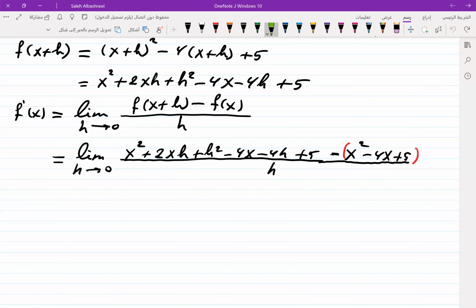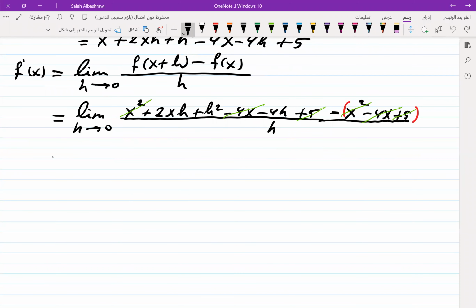Now, see, I have x squared will cancel minus x squared. Minus 4x will cancel, minus with minus will be plus, so we'll cancel this one. And 5 will cancel minus 5. So I have now the limit of 2xh minus 4h divided by h, where h goes to 0.